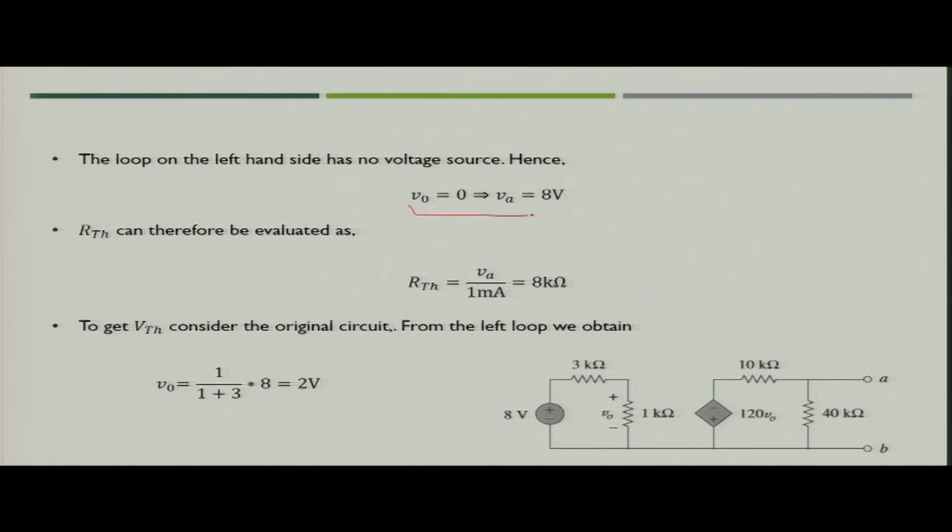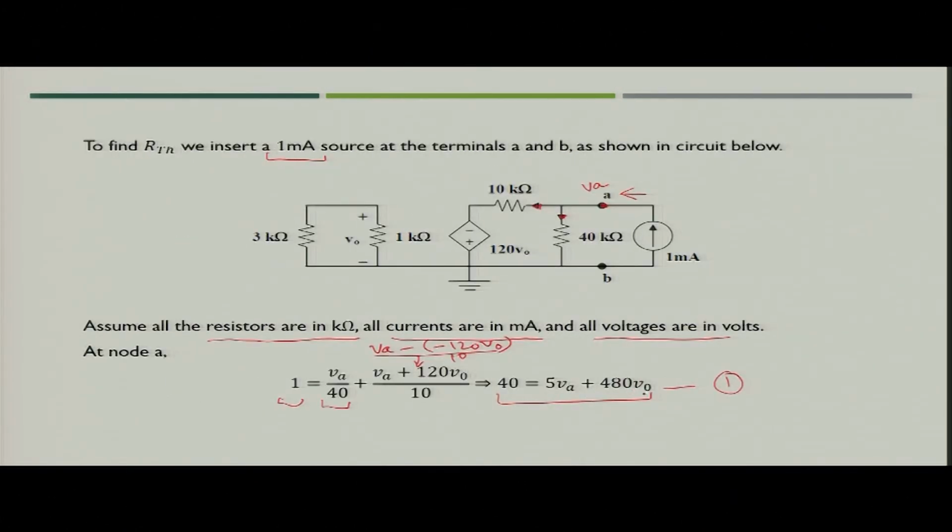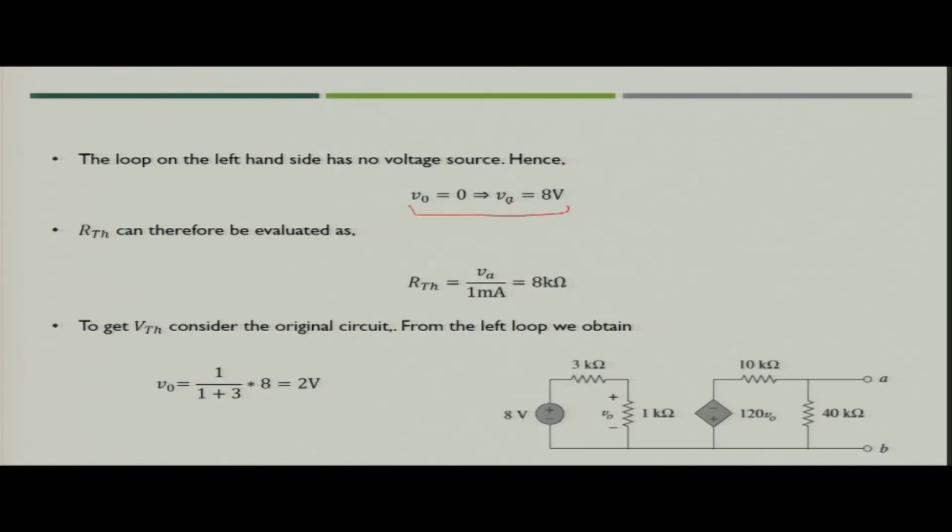So, what we get finally? If you put the value of V naught as 0 here, you will finally get 40 is equal to 5 V A. So, if you simplify, you get V A equal to 8 volt.